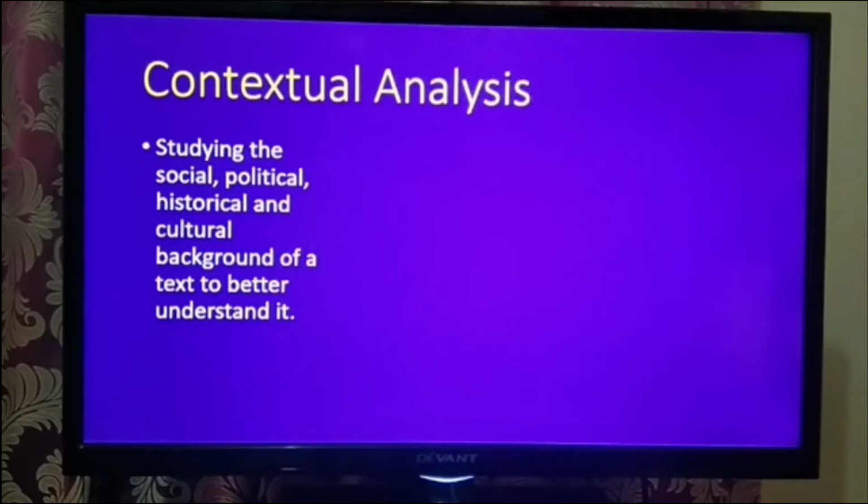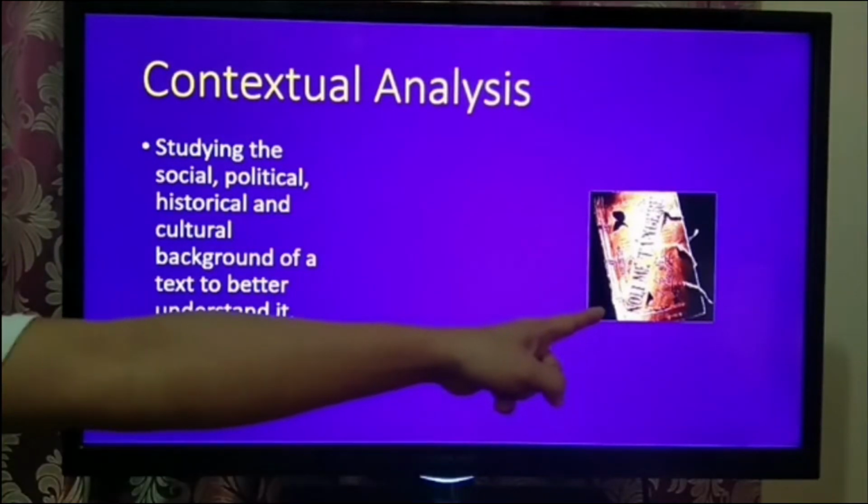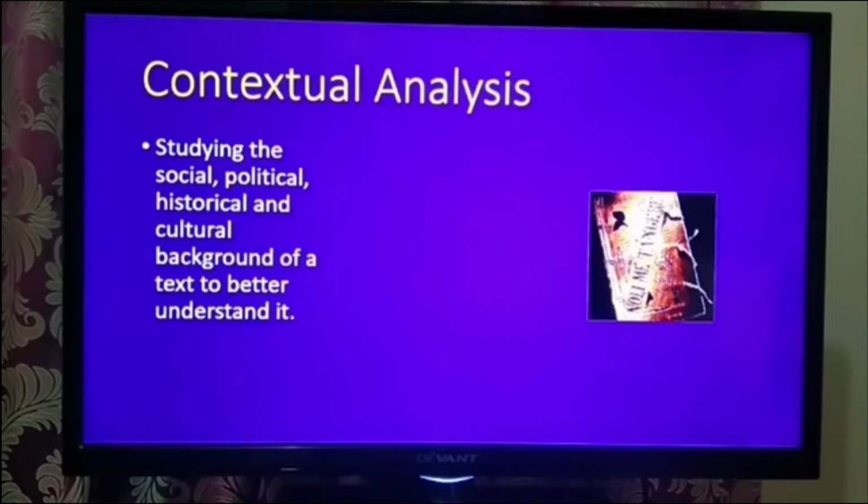Okay? For example, you found a diary or an old book like Noli Me Tangere. Okay, so this is a primary document written by Jose Rizal himself. Now this is the original copy, and it's handwritten.